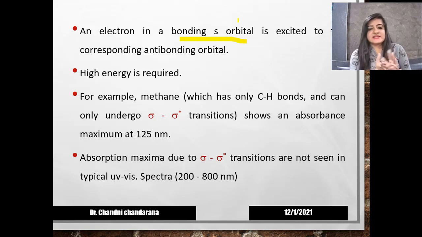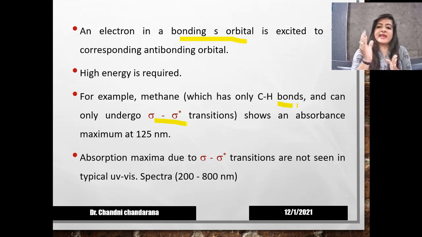A C-H bond can undergo sigma to sigma star transitions. For example, methane and ethane, compounds with only single bonds and without any n, or non-bonding, atoms.